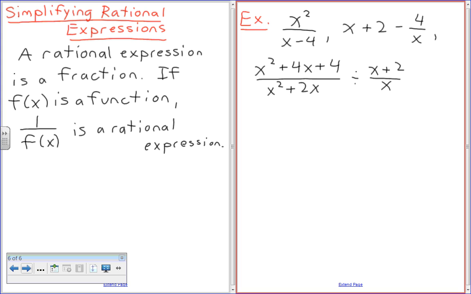Okay, so we're going to say simplifying rational expressions is just the same as simplifying fractions.